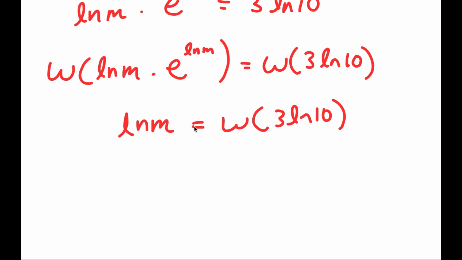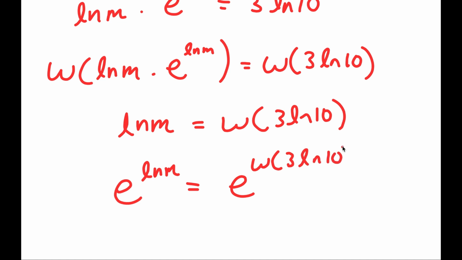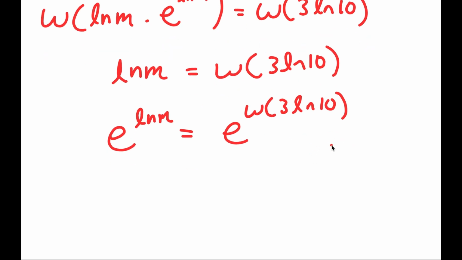Now I'm going to take e to the power of both sides. So I get e to the power of ln of m is equal to e to the power of W of 3 times ln 10. Now e to the power of ln of m is simply equal to m. So I have m is equal to e to the power of W of 3 times ln of 10.